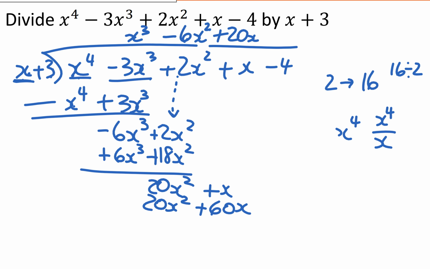Happy with that? What was the process I did? I found the difference between those two terms. x minus 60x gives you minus 59x. Bring down this minus 4. Happy?